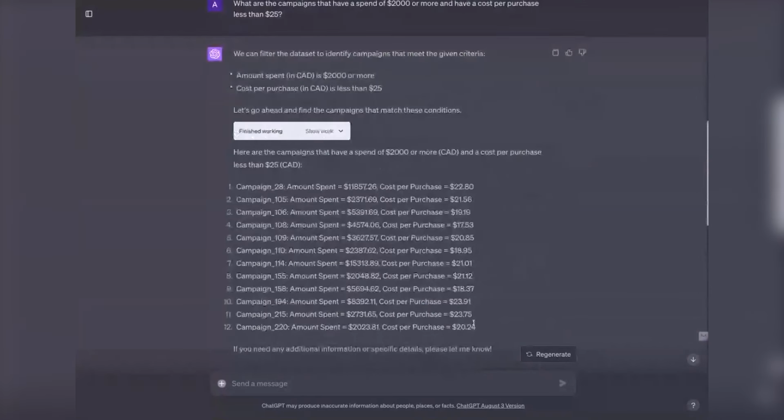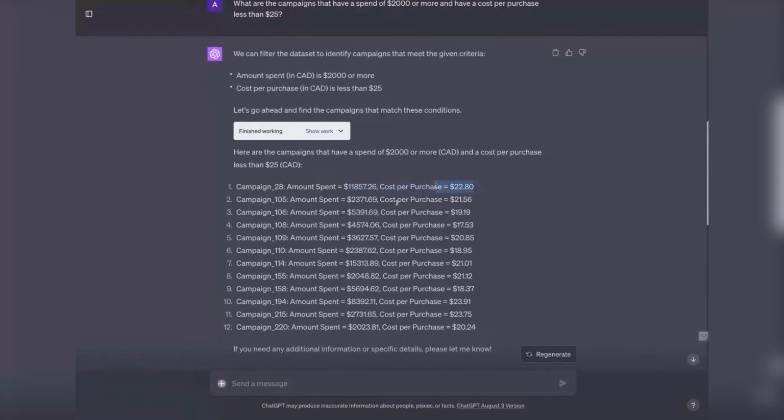So what are the campaigns that have a spend of over $2,000 and have a cost per purchase of less than $25? And so it listed a whole bunch of these out for me. If I'm making decisions around what campaigns I want to scale up, these would probably be ones that I want to scale up, right? This one spent a little over 11 grand and it's hitting great CPAs under 25.